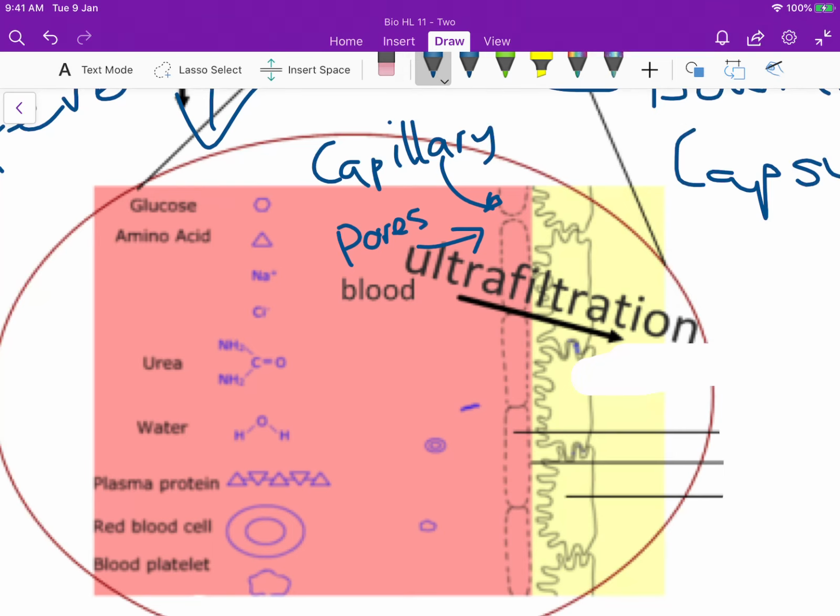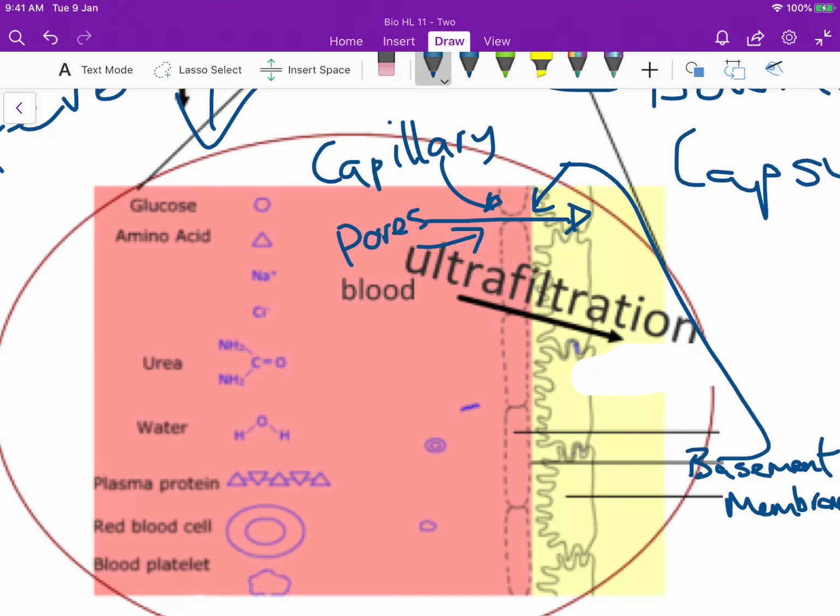And the second wall, because it's the final barrier, we can call this, which is labelled there, the basement membrane. Okay, so there are pores through which things can go. Now, around it you can see we've got these other cells. These are cells called podocytes.